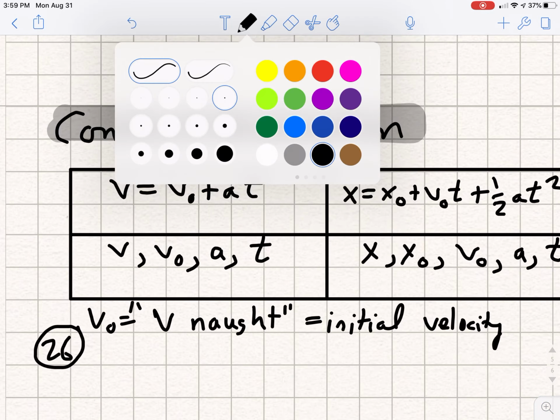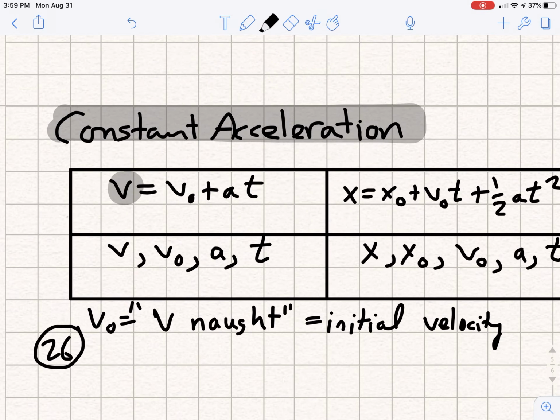A final V, written in the problem, is the final velocity, without having to write V final. A stands for constant acceleration, and T is time. So if you have these variables, V, V naught, acceleration, and time, you would choose this first equation here.